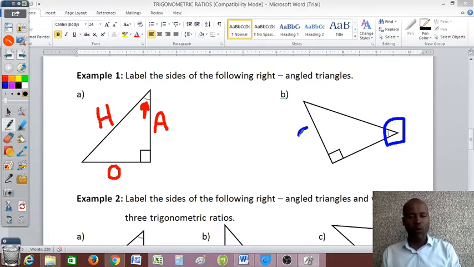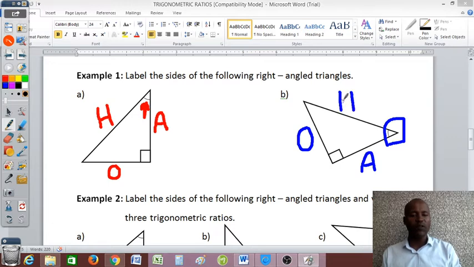This one is O, the opposite side. And the side which joins the two angles, the right angle and the given angle, is said to be adjacent, A, the adjacent side. And the third side, which is opposite to the right angle, or the longest side in any right-angled triangle, call it hypotenuse. So we'll have H here.